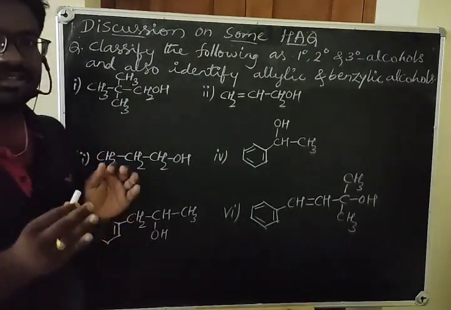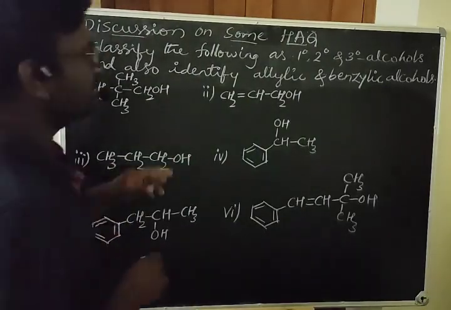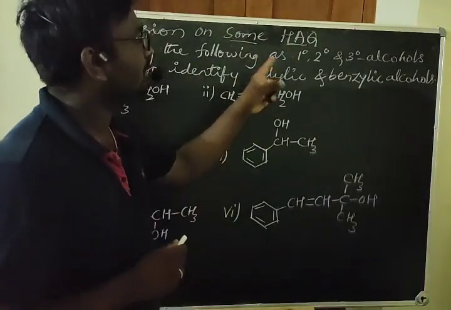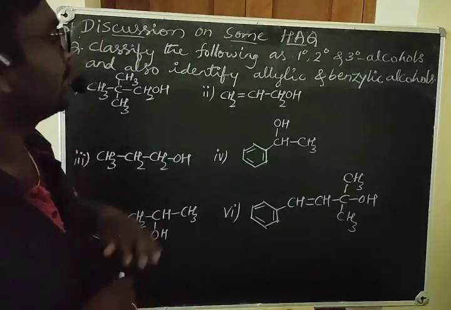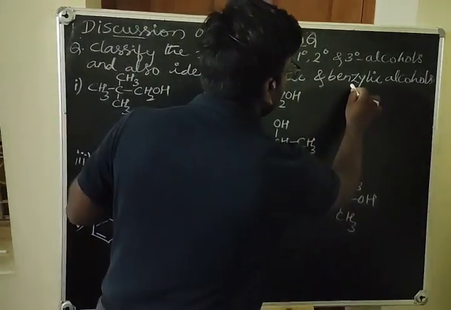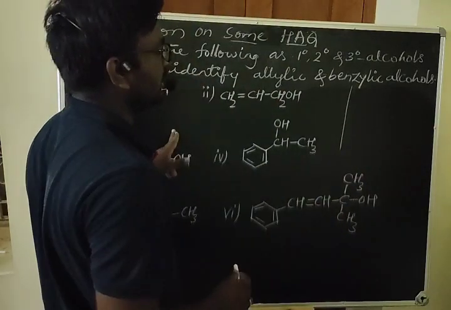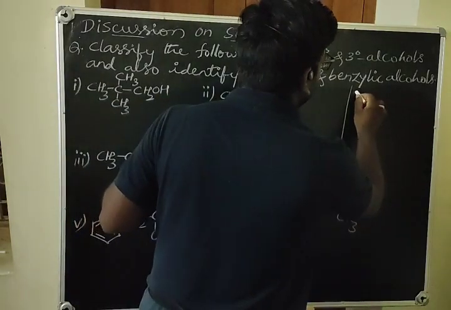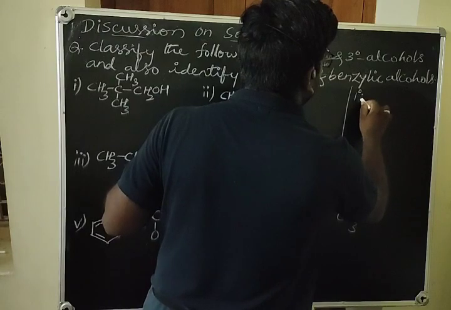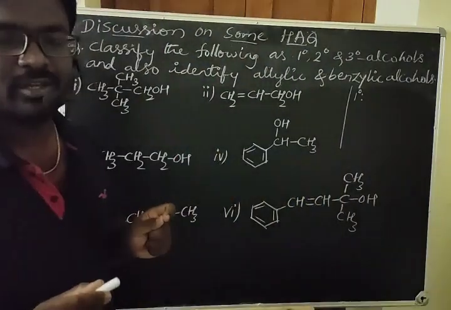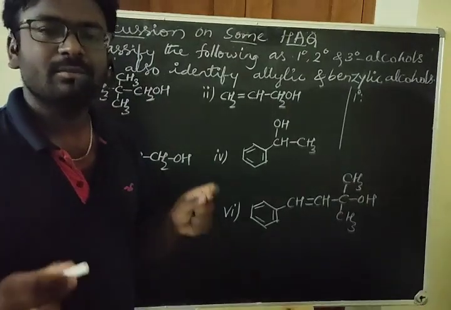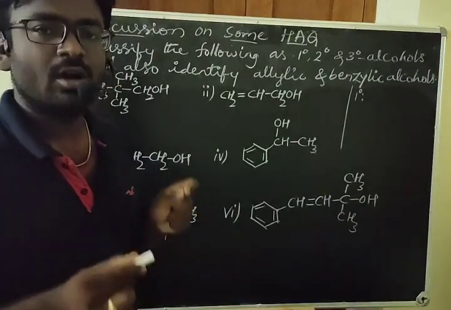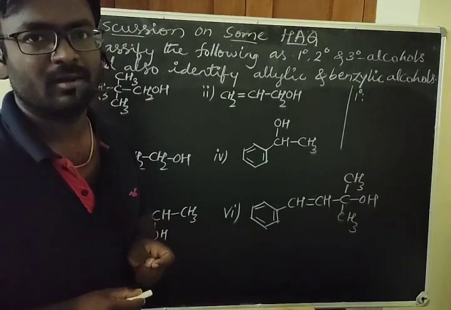We shall just recall how to find out the primary, secondary and tertiary alcohols. A primary alcohol is one in which the OH group is present on a primary carbon. How to determine a primary carbon?